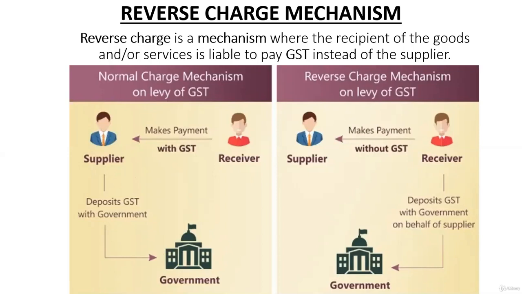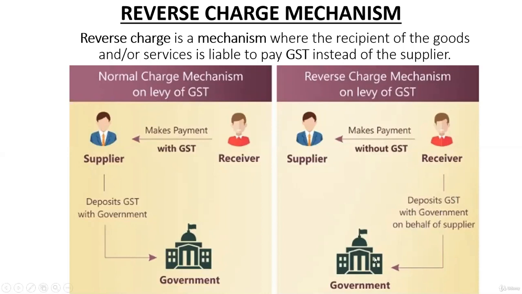But in the case of the reverse charge mechanism, as you can understand from the word reverse, the supplier of the service or goods doesn't make the payment of tax to the government. Instead, the receiver of the goods makes the payment of GST and deposits it with the government on behalf of the supplier.